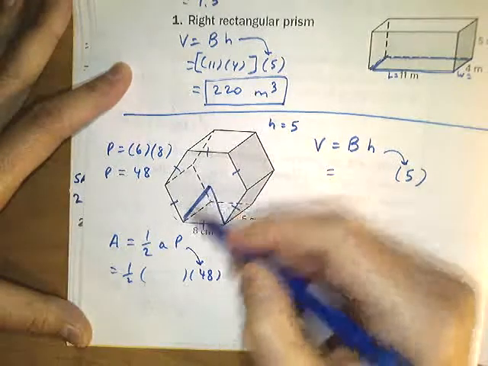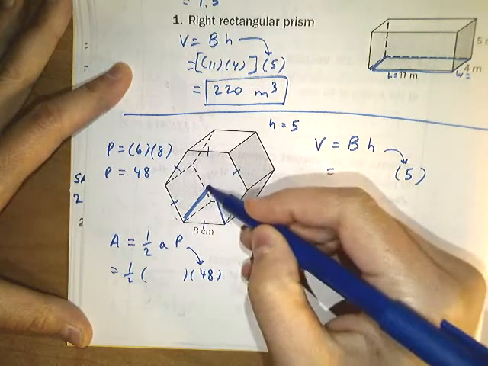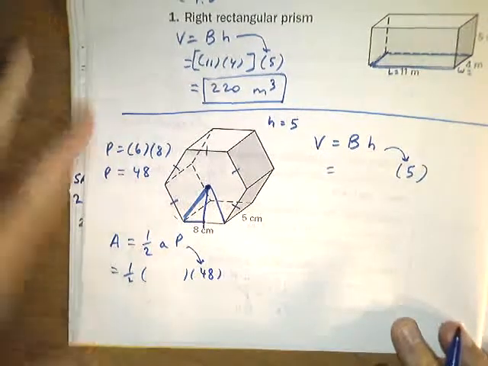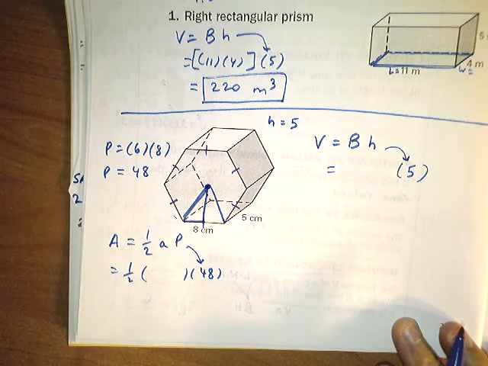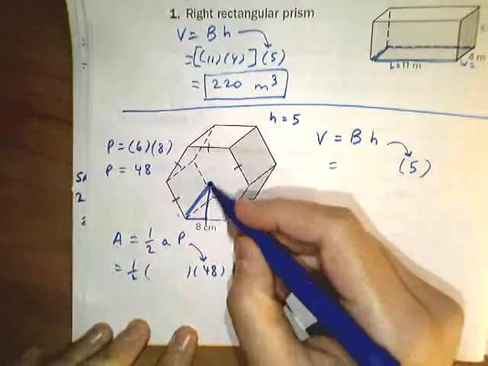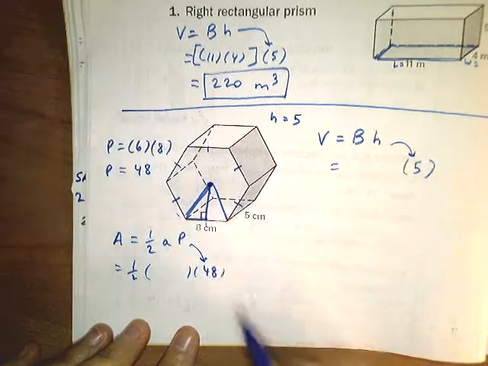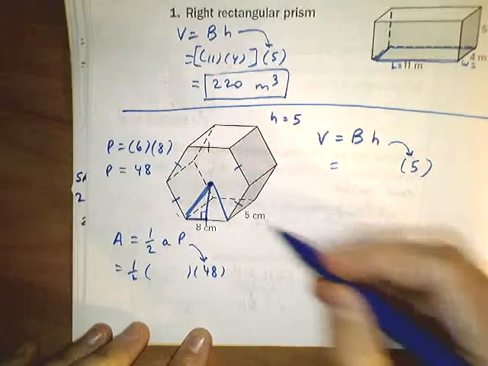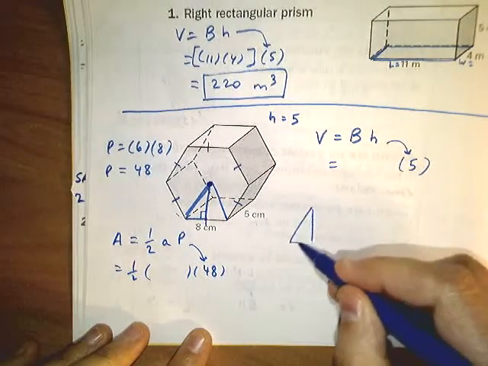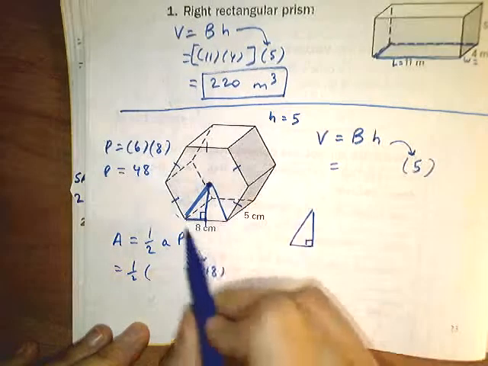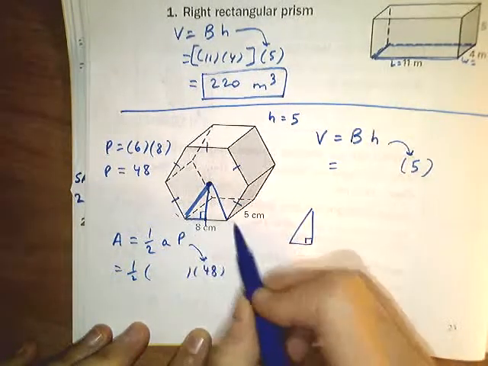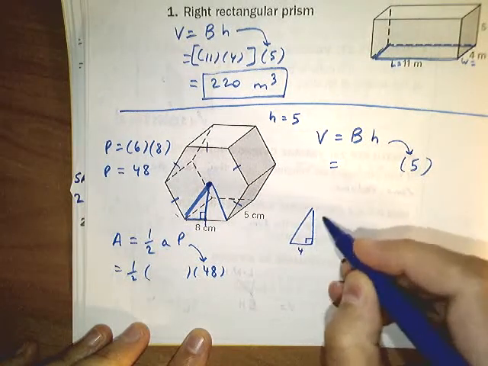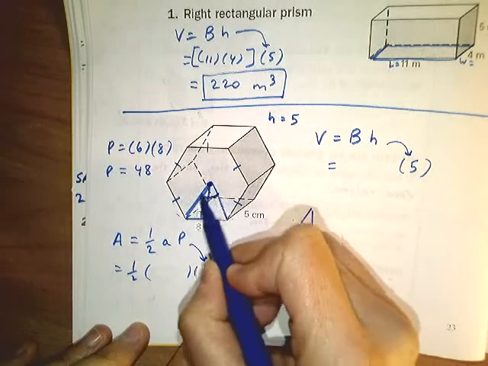The apothem is the distance from the center of the base straight down to the middle of one side. When we draw that out, we actually carve this triangle into two right triangles. This length right here is half of the length of that side. So if that's 8, then this half of it would be 4. And then up here, the central angle actually goes from here to here.